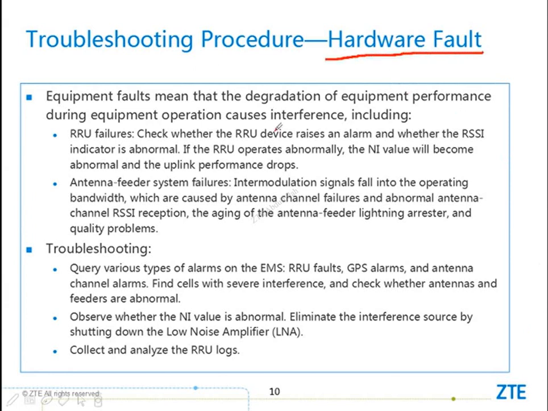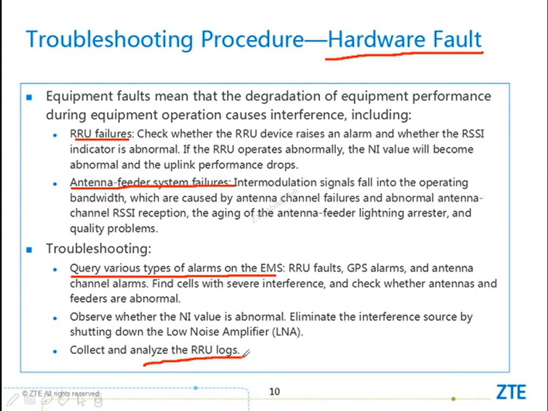Hardware fault is mainly about RU failures or antenna and feeder system failures. Because RU failure will also cause the NI value to be abnormal. This one you can easily check in the EMS: check the alarms and check the RU log to analyze this.